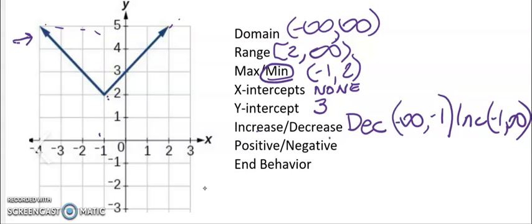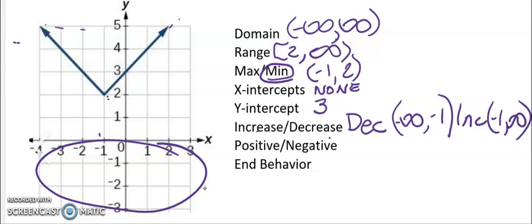Now let's talk about positive and negatives. There is nothing on my graph below the 0. So there are no negatives. There are only positives, and they are from -infinity to infinity. Okay?